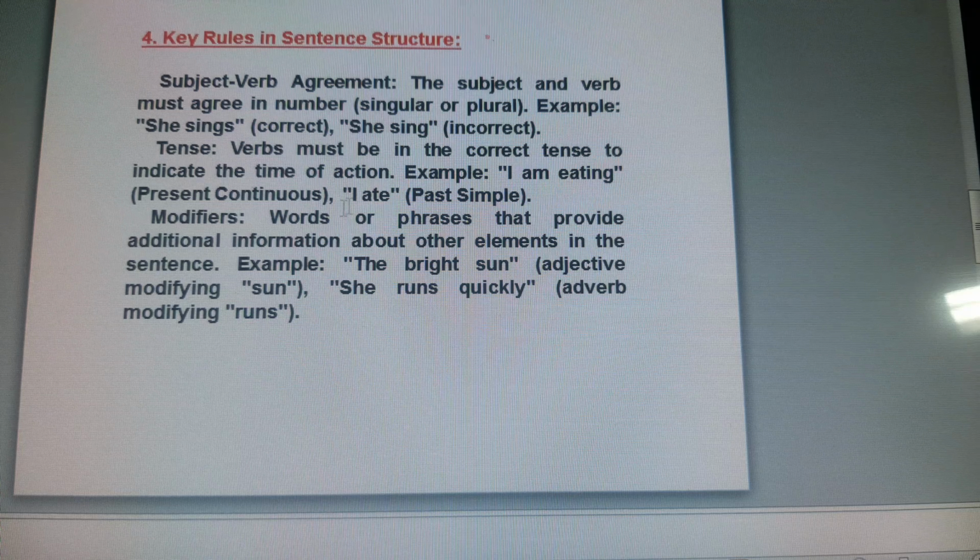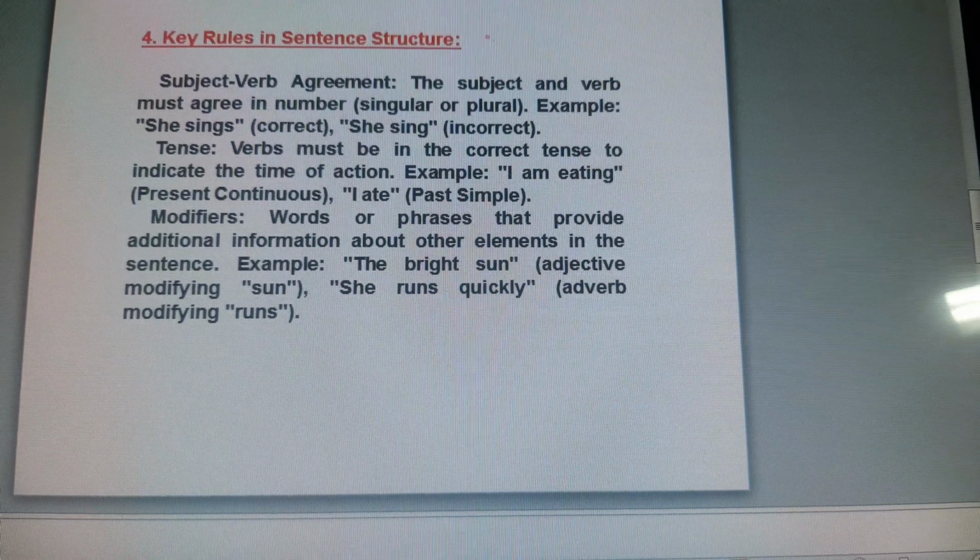Example: I am eating, present continuous. I ate, past simple. Modifier: words or phrases that provide additional information about other elements in the sentence. Example: the bright sun. Adjective modifying sun. She runs quickly. Adverb modifies runs.